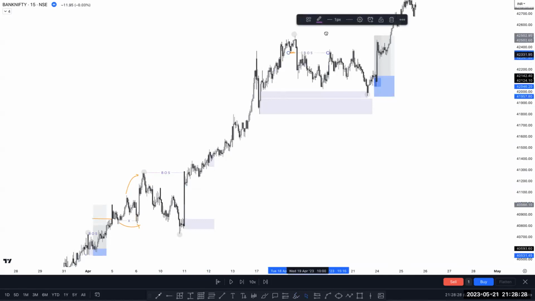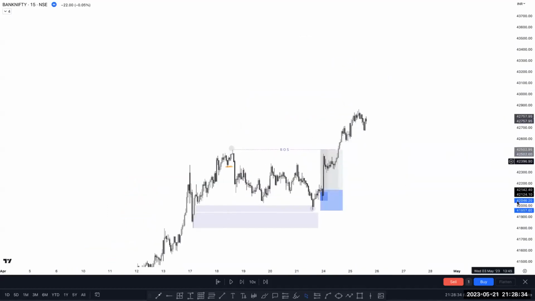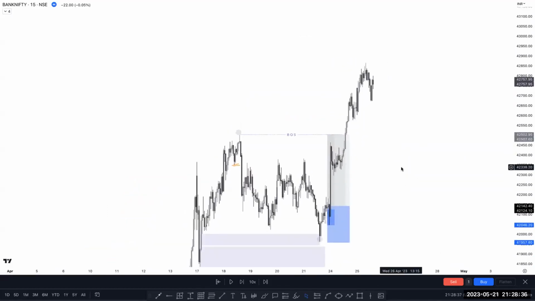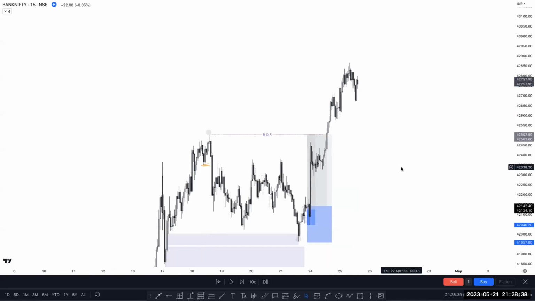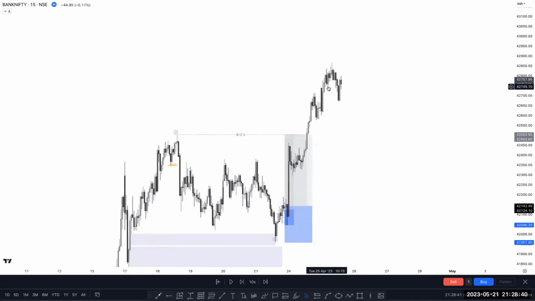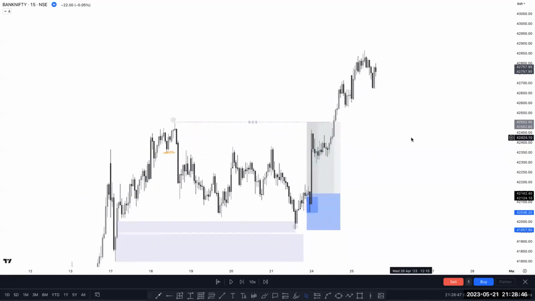And this point becomes our break of structure because the candle closes over it. And now you have to wait for it to take out the inducement. So in this case, where is our inducement? Here, which the market has already taken out, and now you have to wait for it to tap on your PY.